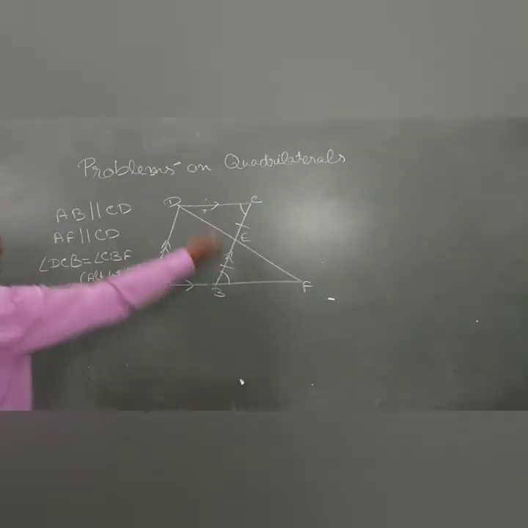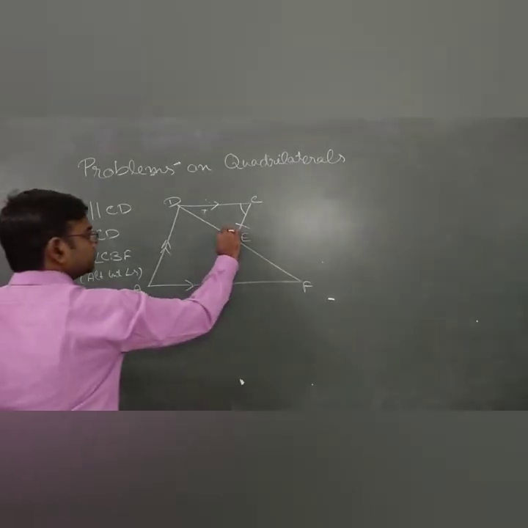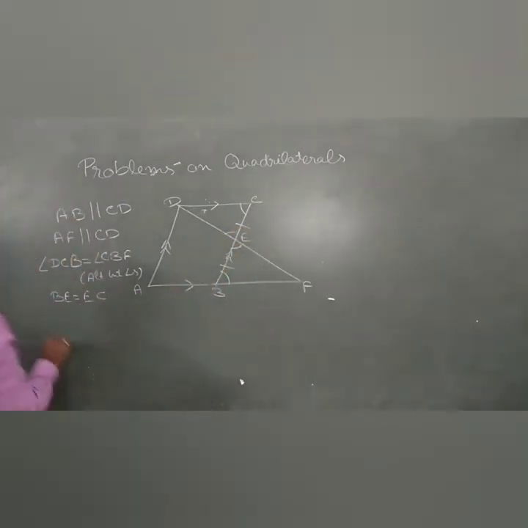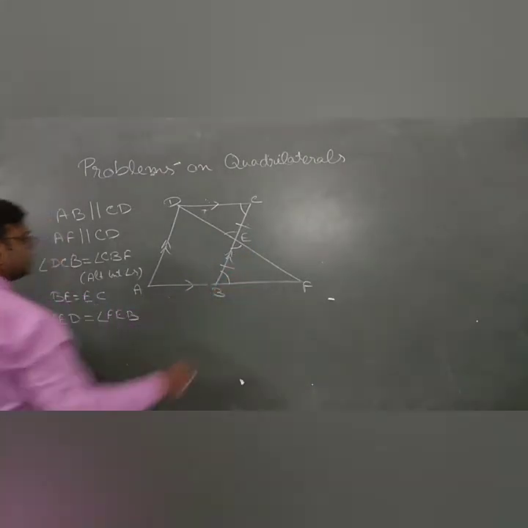Again, it is given that side BE equals EC, and also these two angles are equal to each other because they are vertically opposite angles. Angle CED equals angle FEB. So we can say these two triangles are congruent.